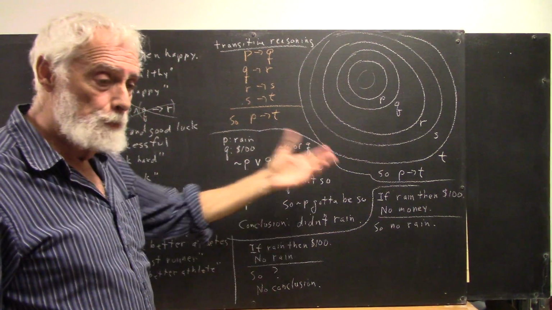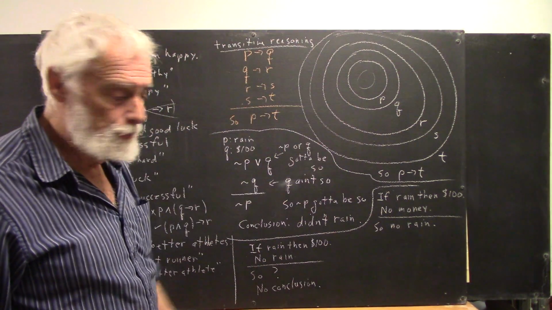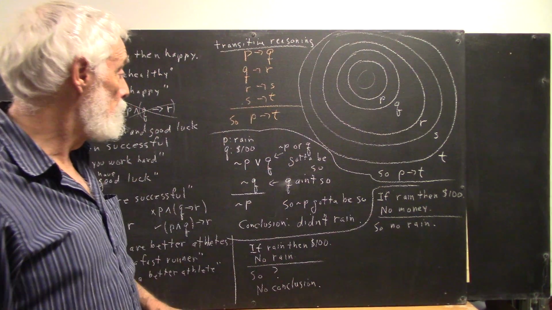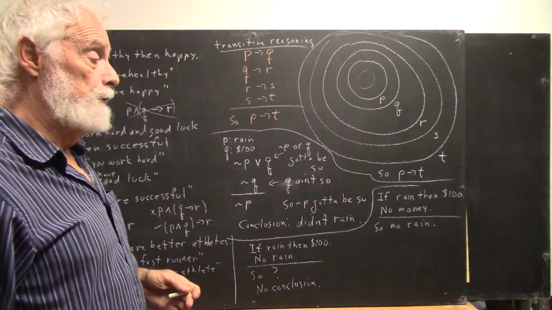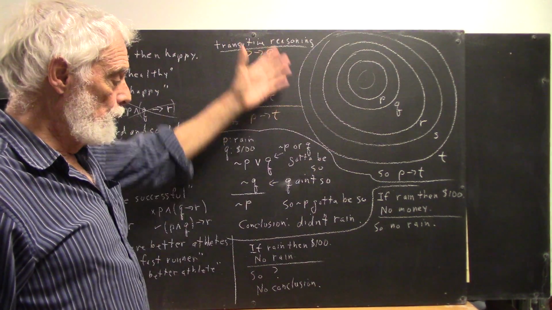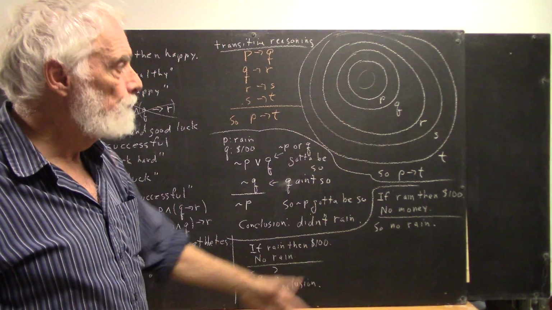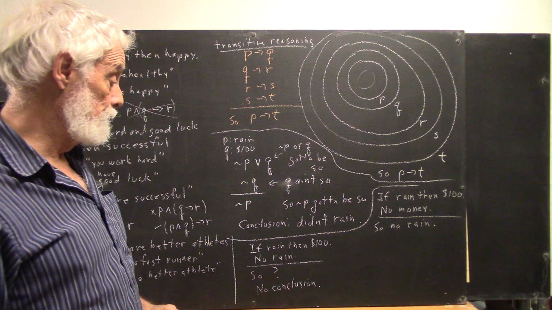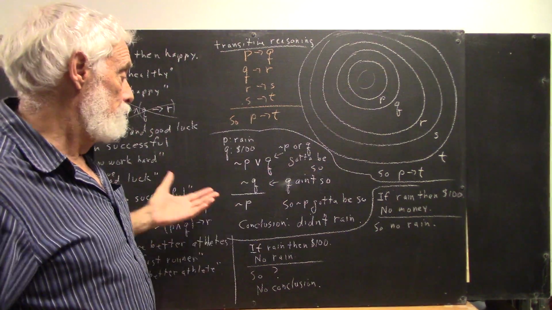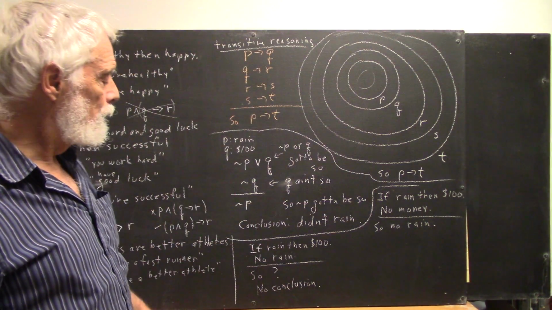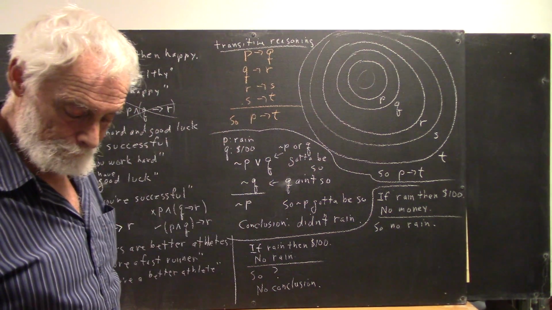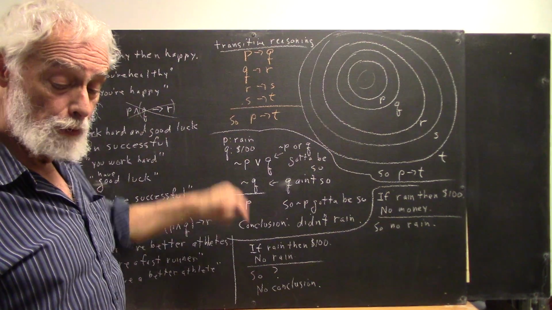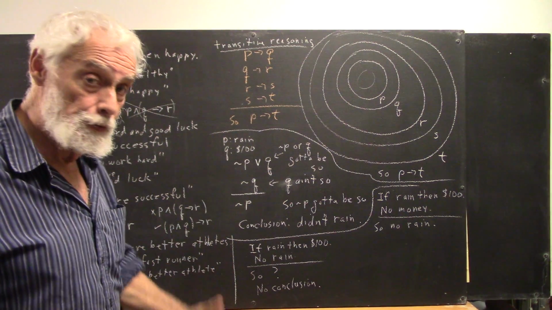And there are names for these: modus ponens, modus tollens, disjunctive syllogism. And we'll get to those names, but we want to kind of introduce the idea that we're talking about arguments and how to analyze arguments. These constitute simple arguments, or simple conclusions that can be drawn from a series of statements.